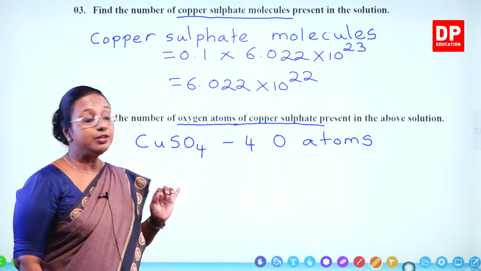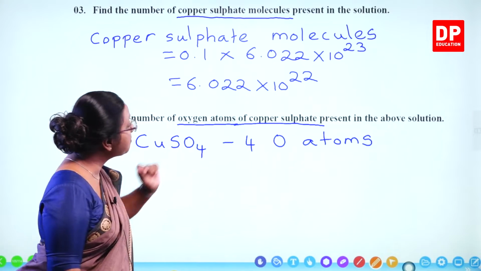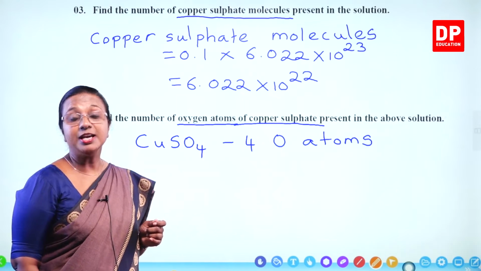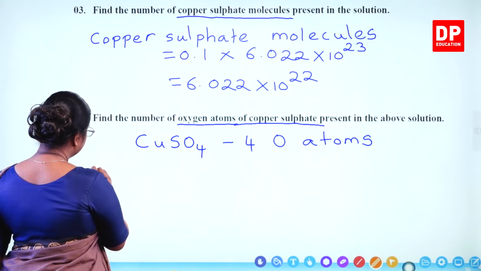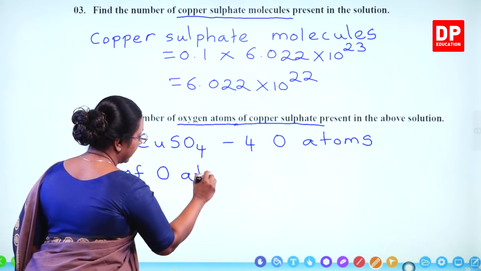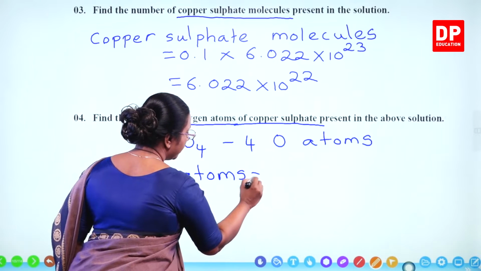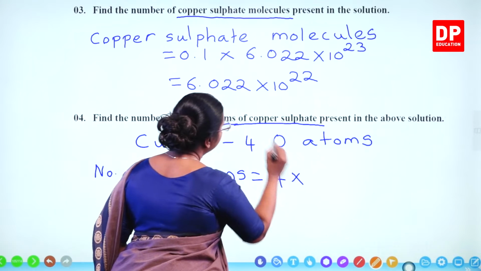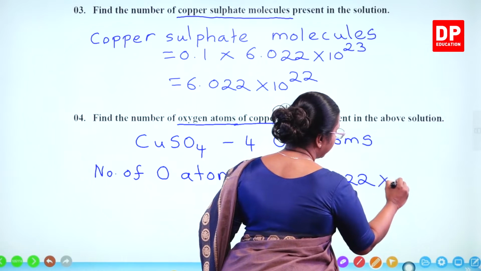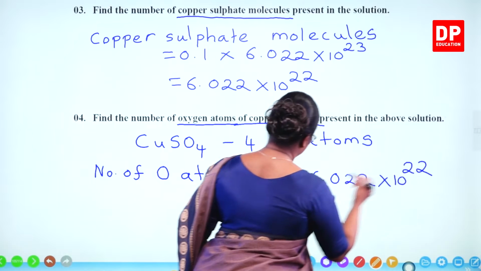So what do we need to do in order to find the number of oxygen atoms? We need to multiply this by 4. So here number of oxygen atoms is equal to 4 times 6.022 into 10 to the power of 22.